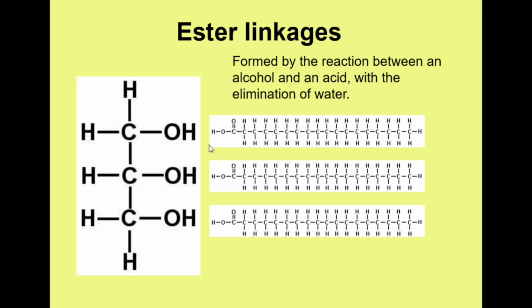And when we look at this now, we can see that we line this top fatty acid up to our glycerol molecule, and we've got a hydroxyl group here, and we've got a hydroxyl group there. So 2 oxygens and 2 hydrogens. Just like last week when we were making our polysaccharides and our disaccharides, we need an enzyme to facilitate the reaction here.